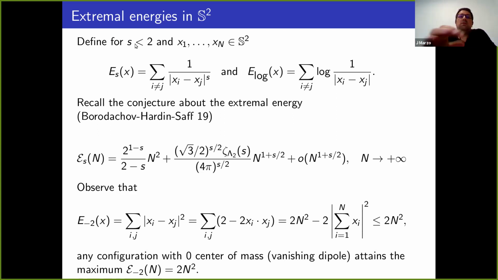And when s is negative, of course, the point is that you have this guy on top, and then you want to maximize this expression. So this is why I'm talking about extremal energy: you want to minimize when s is positive and maximize when it is negative. Then, about these energies, something you can try to study is the asymptotic expansion of this minimal energy.